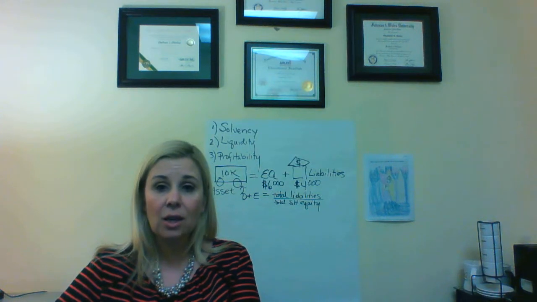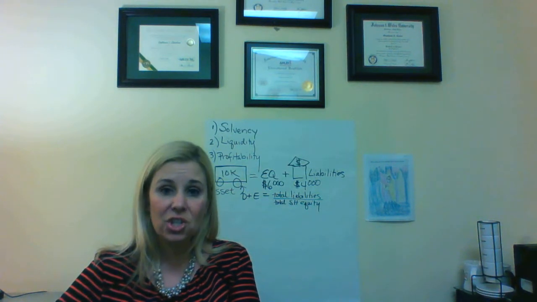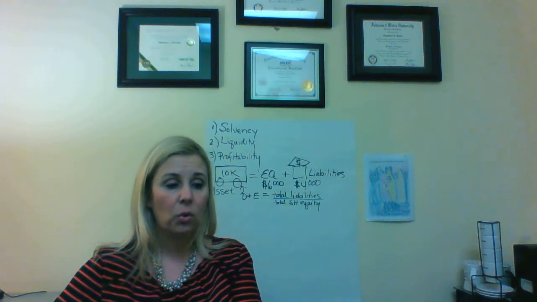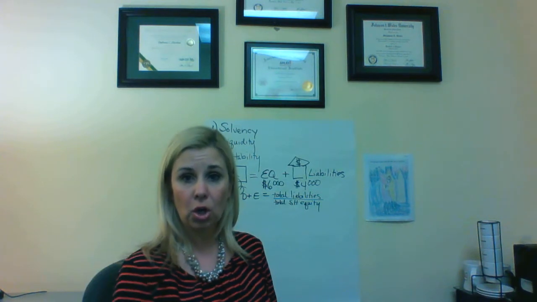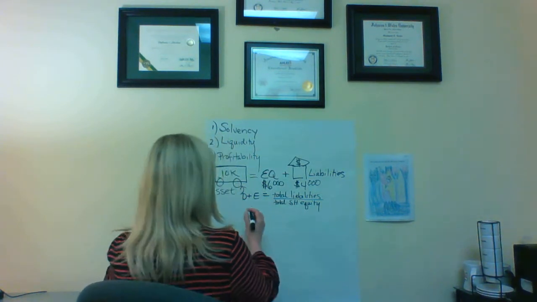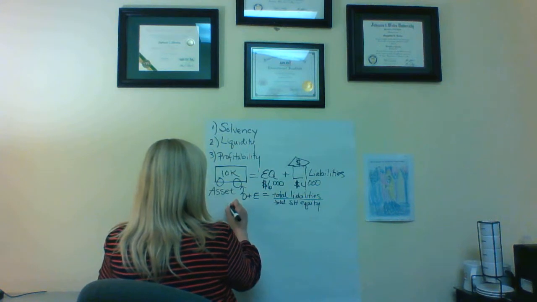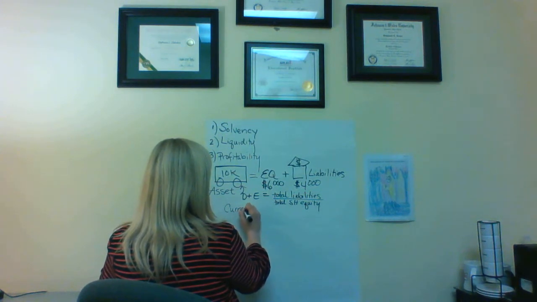To calculate the current ratio, you'll look at the balance sheet and take total current assets over total current liabilities, okay? So the second one is the current ratio.